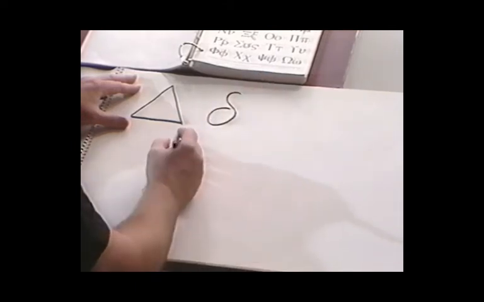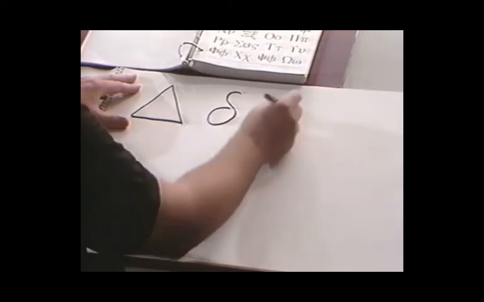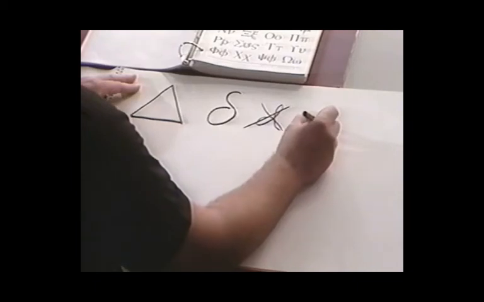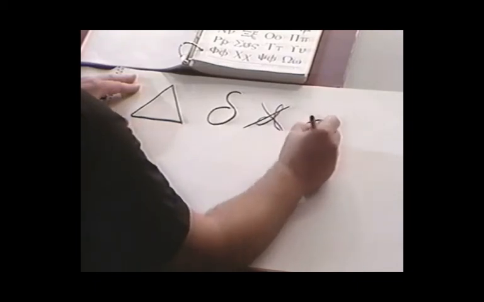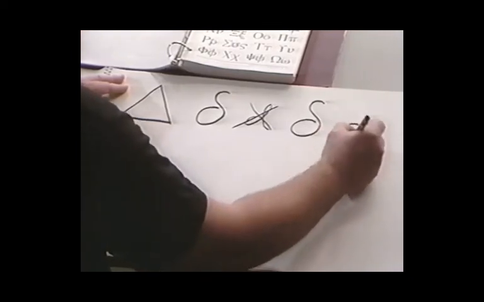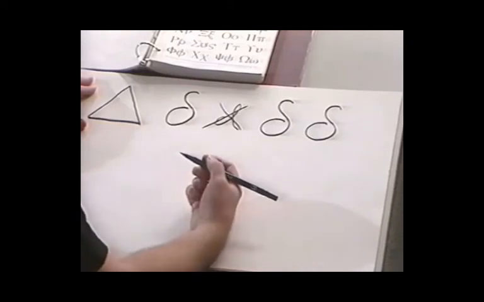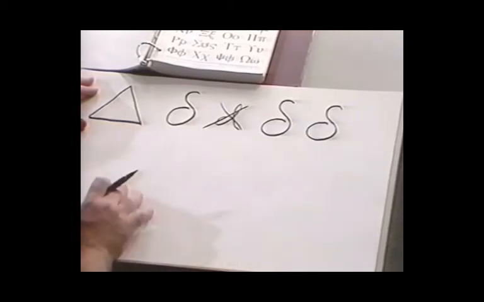Do not, like you would a small English d, do it like that. But rather, start here, around, and up like that. Delta. And a delta is equivalent to an English D, and we will give it the same pronunciation as in the word daddy. Delta.